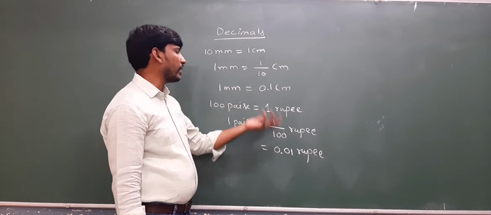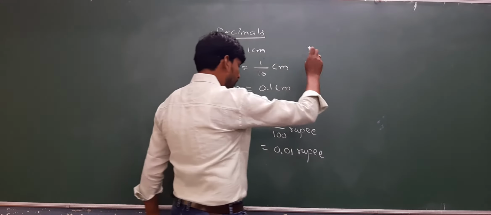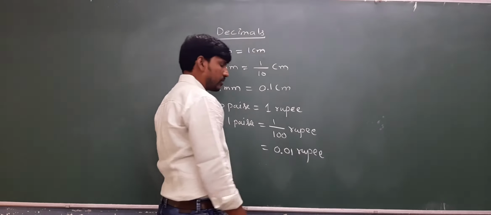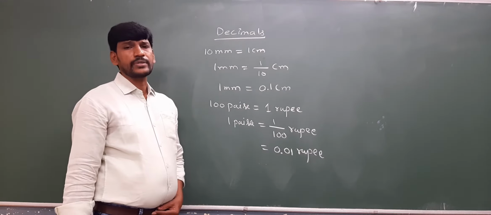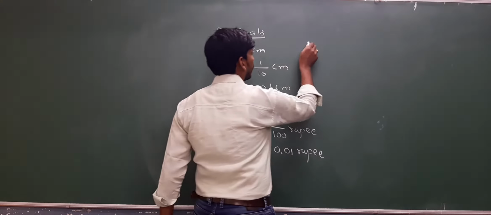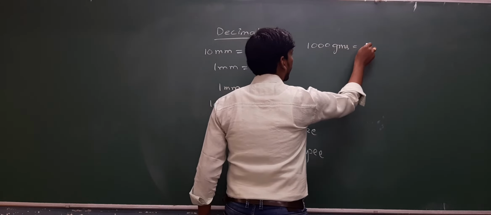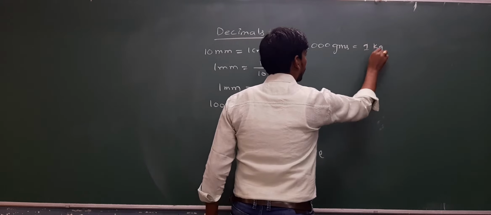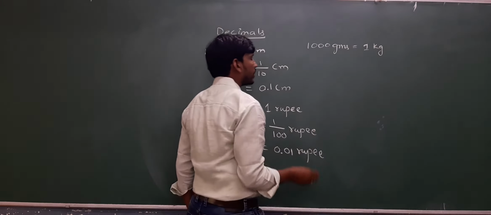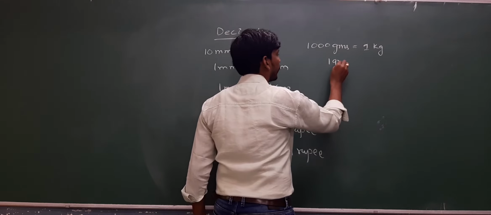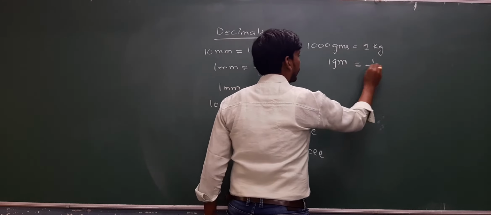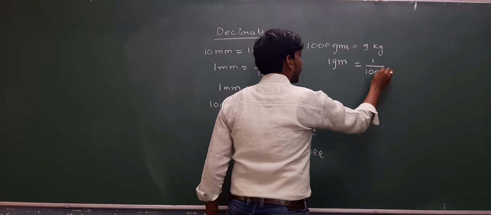In the same way, we can write thousands also. So 1000 grams is equal to 1 kg. We know that 1000 grams is equal to 1 kg. Then 1 gram is equal to 1 by 1000 kg.